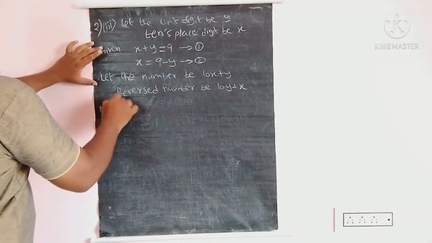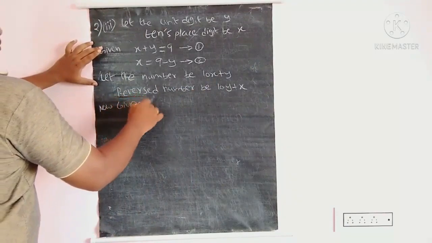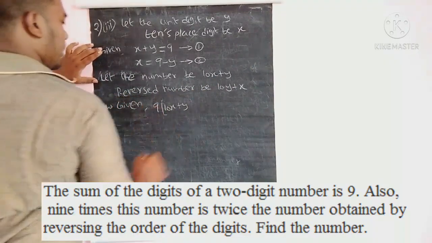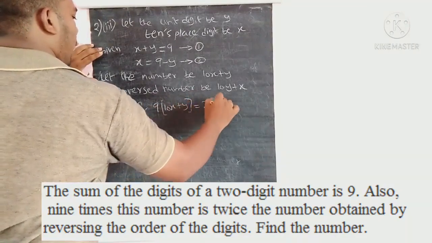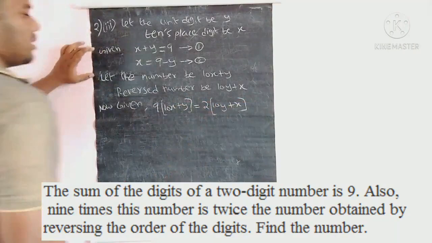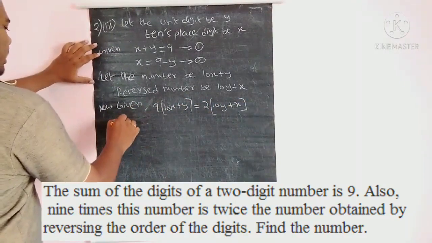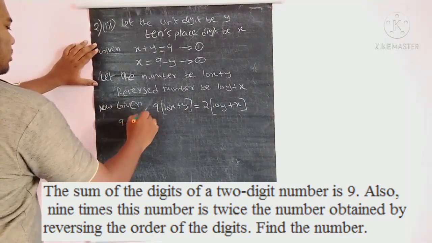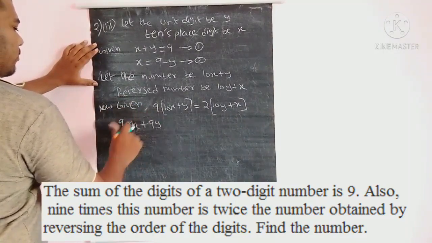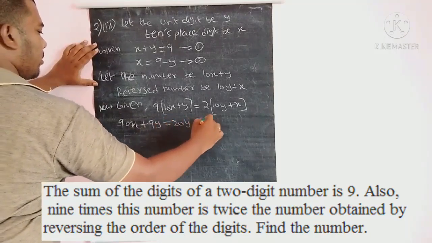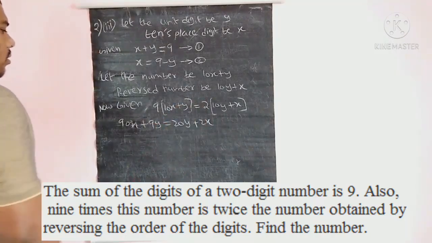Now given, 9 times the number, that means 9 times 10x plus y, is equal to twice the number obtained when it is reversed. So this we can write as 90x plus 9y equals 20y plus 2x.